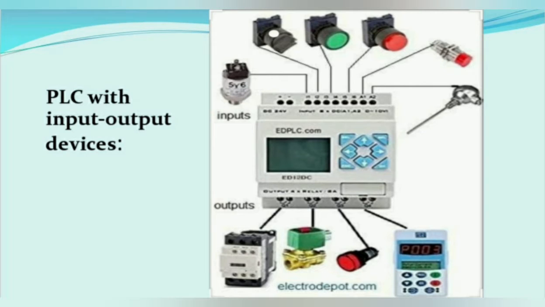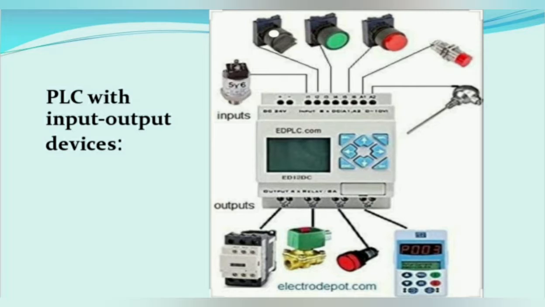In this picture, a PLC is shown with various input and output devices. At the input side of PLC, a pressure switch, selector switch, green push button, red push button, proximity sensor and temperature sensor are connected.